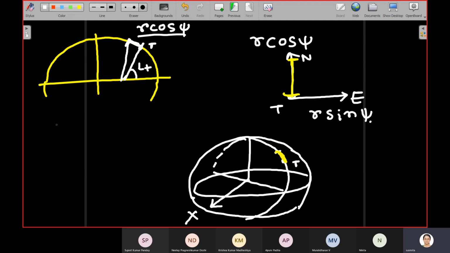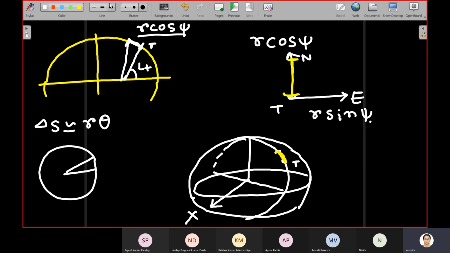So we can use this for small angle. We can write S is equal to R theta, or delta S is equal to R delta theta.